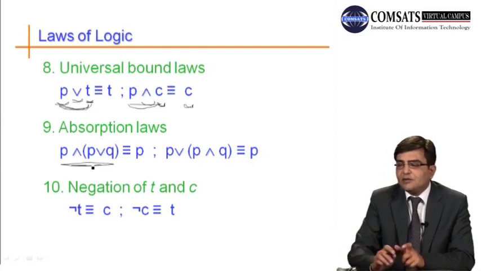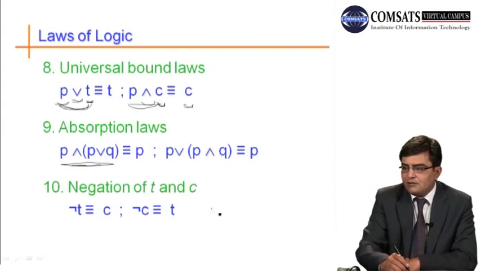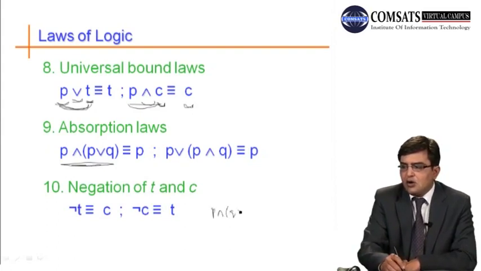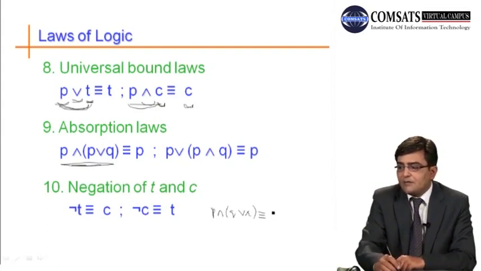How? In distributive law, we know that P and (Q or R) is logically equivalent to (P and Q) or (P and R).